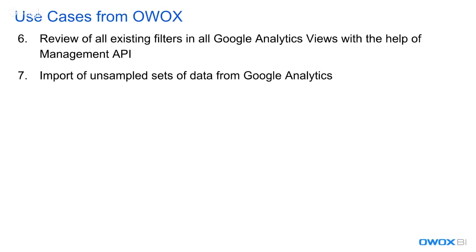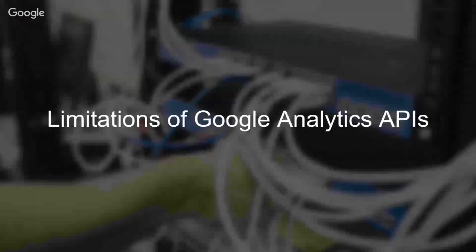For example, if you are not a Google Analytics 360 client, but you want to work with unsampled information, you can export Google Analytics data with the help of the spreadsheets add-on for a little period of time. So then you can combine these sets of data and work with unsampled data in a third-party tool.